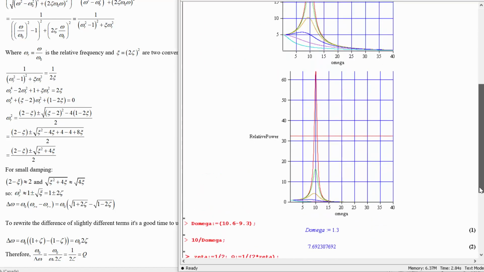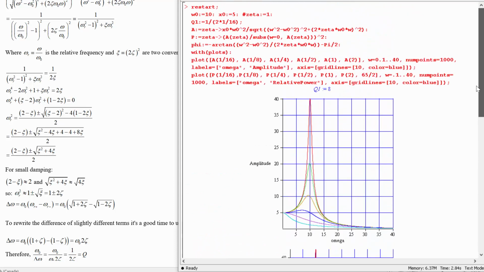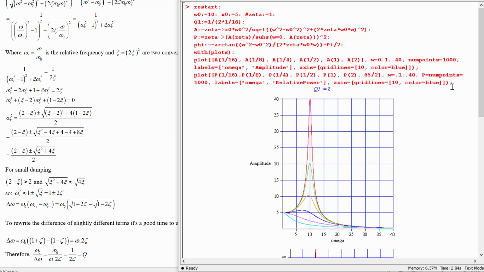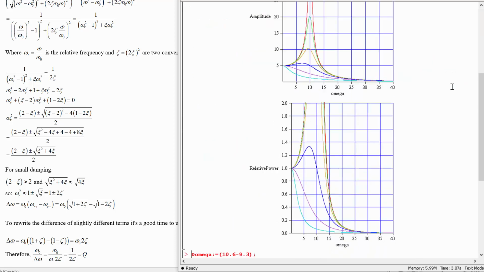You can see that on the power spectrum by changing the axis. I think we go P equals, let's say 0 to 2. Right. So here to the right of 10, there's no spot where we have half of the power amplification that we had at resonance anymore.